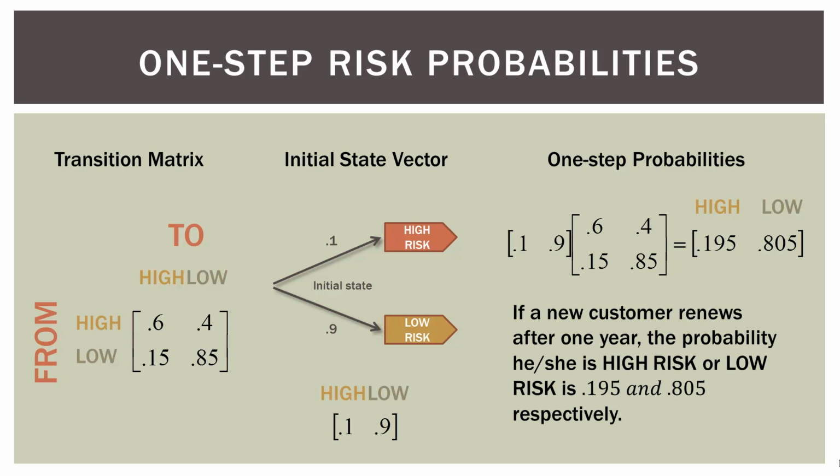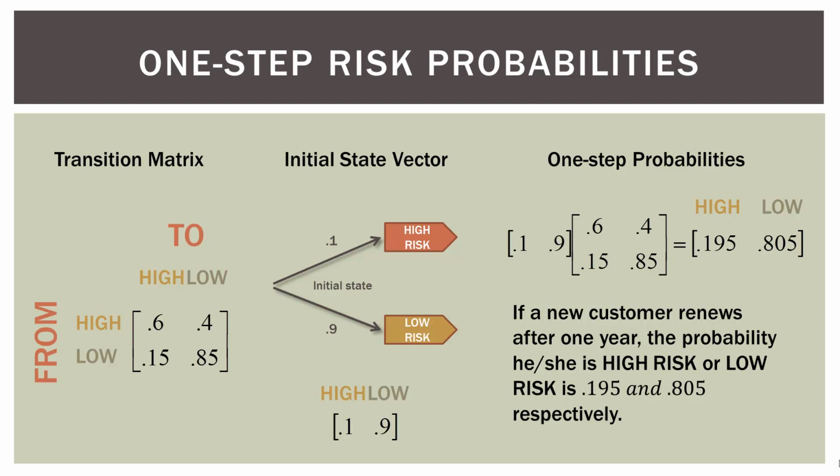So, if a customer walks in the door, after 1 year, the probability that he or she is high risk or low risk, respectively, is 0.195 and 0.805. And of course, those add up to 1. So, for one-step probabilities or one-step transition, our initial state vector multiplied by our transition matrix gives a new set of probabilities.